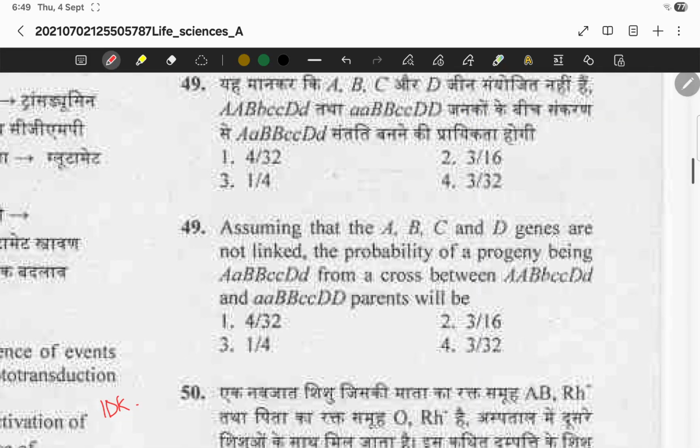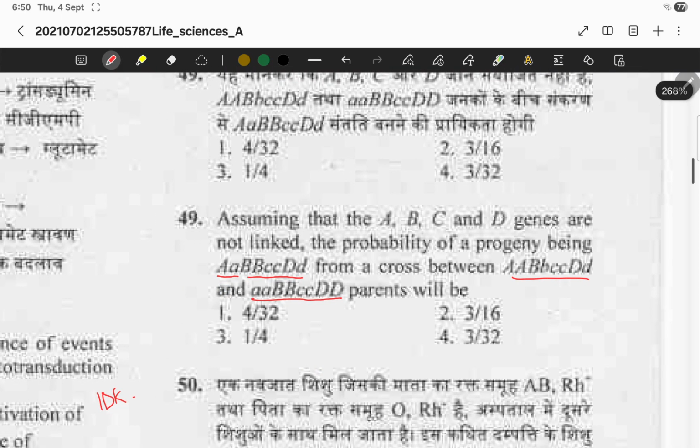Assuming that A, B, C and D genes are not linked, the probability of the progeny being this from the cross between this and this will be, okay. Let's see.